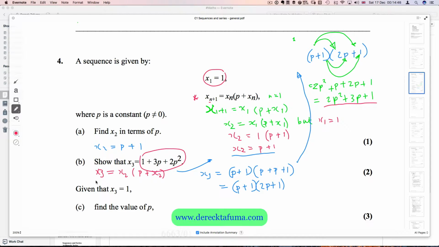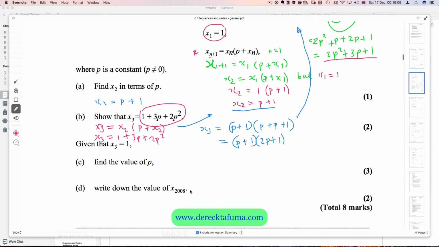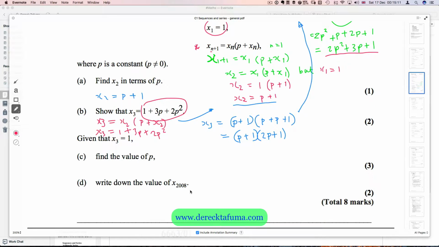Okay, so x3 is equal to 1 plus 3p plus 2p squared.